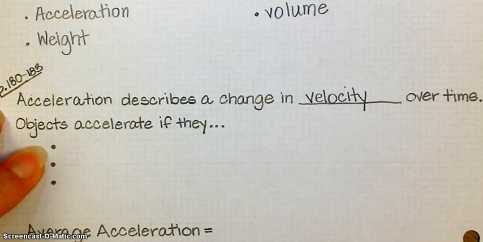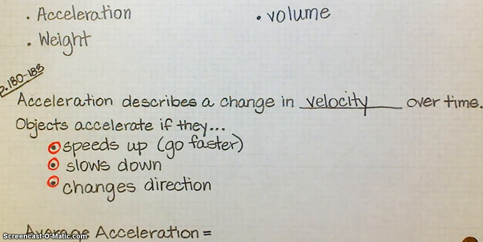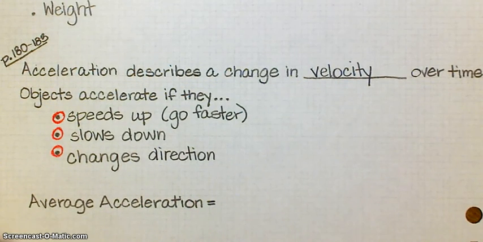So objects accelerate if they speed up, slow down, or change direction, or they can do more than one of them at the same time. Obviously, they can't speed up and slow down at the same time, but could you speed up and change direction at the same time? Could you slow down and change direction at the same time? Could you be accelerating if you are only changing direction? Yes, because it's one of the things that qualifies as acceleration. Okay, so I'm going to pause this while I write that down. Speeding up, slowing down, or changing direction.